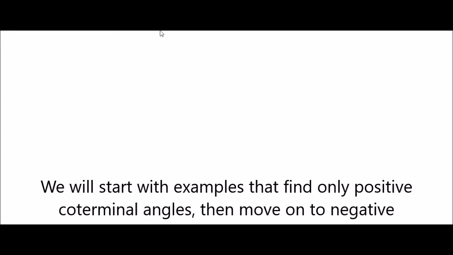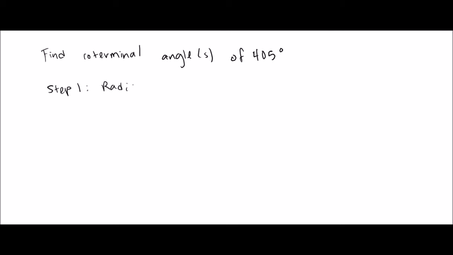Okay, so we're going to move on to our first examples. Example number 1 is to find the coterminal angle of 405 degrees. Step 1 is to determine radians or degrees.